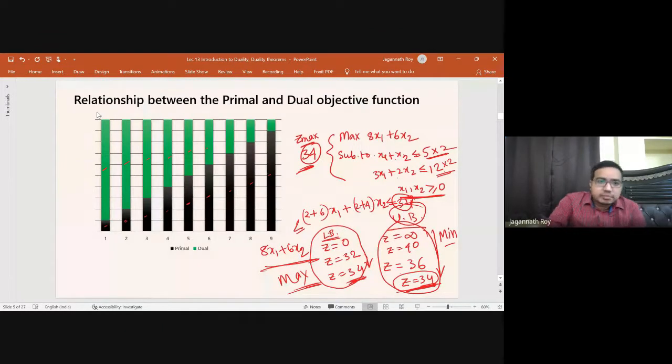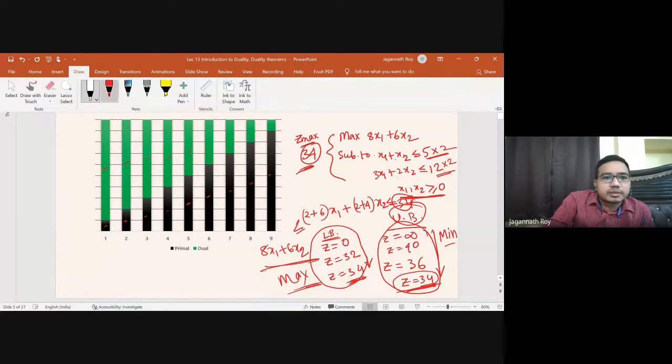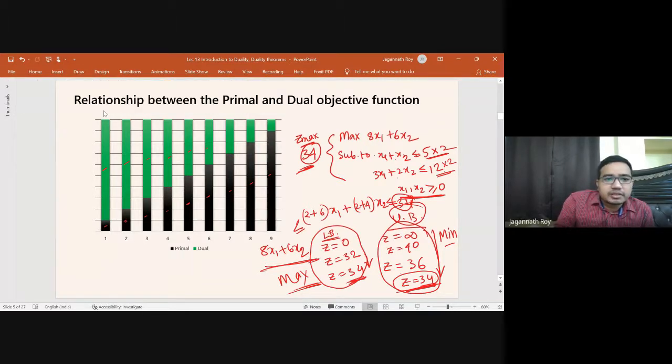That is why I have taken one strip. If you think of the green as the dual, among all these, if you find the minimum value, it is here.